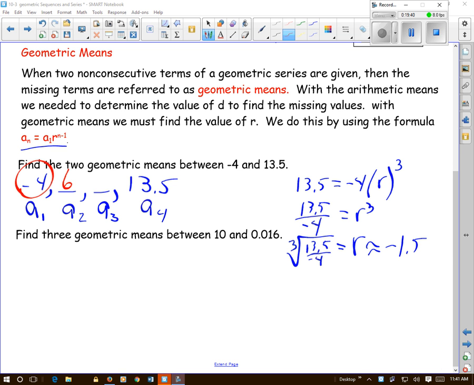So again, we take the 6 times -1.5, so we're going to get negative, and 6 times 1.5 is 9. And to kind of double check ourselves, let's take -9 times -1.5, and we get 13.5. So you can double check yourself by making sure that last term is what it should be.